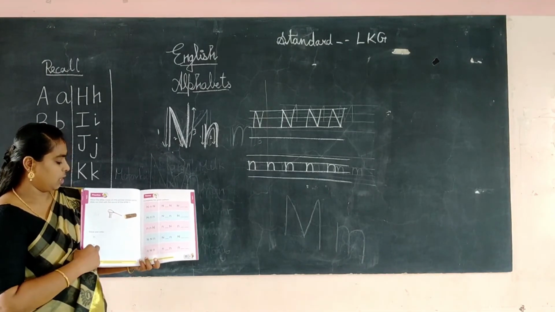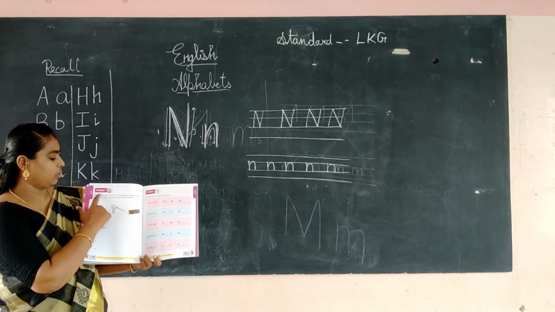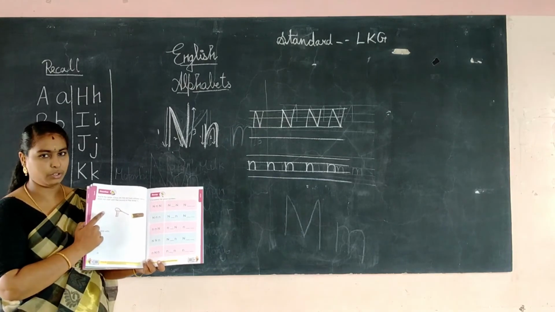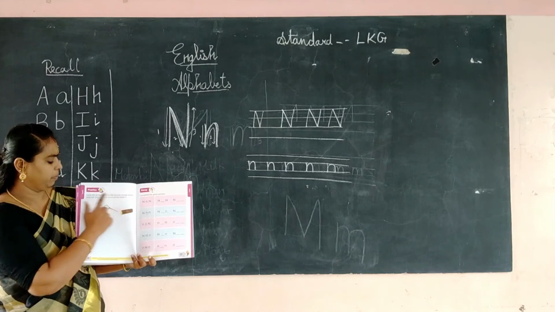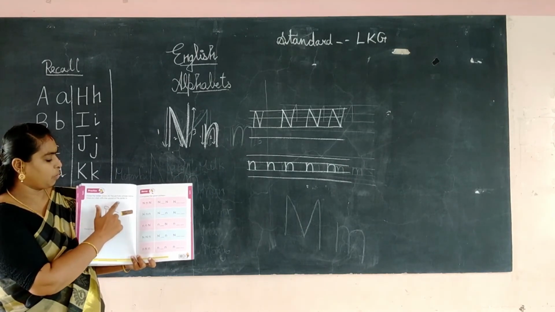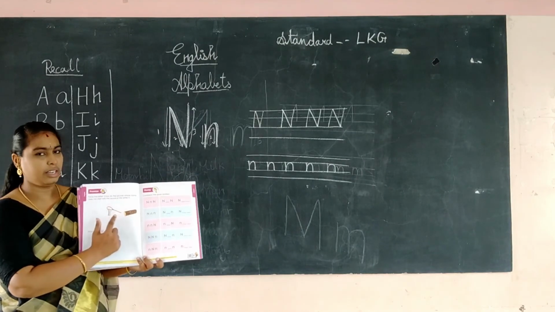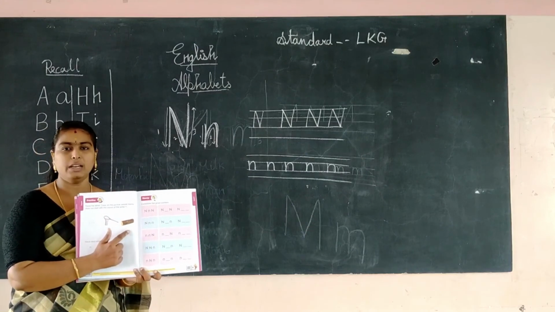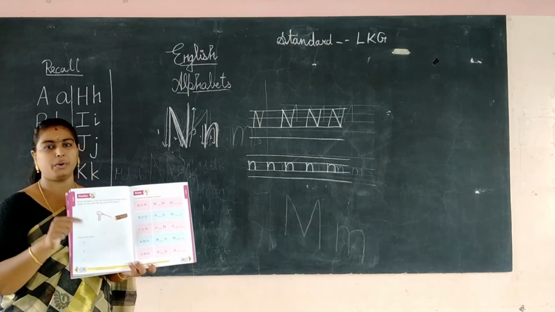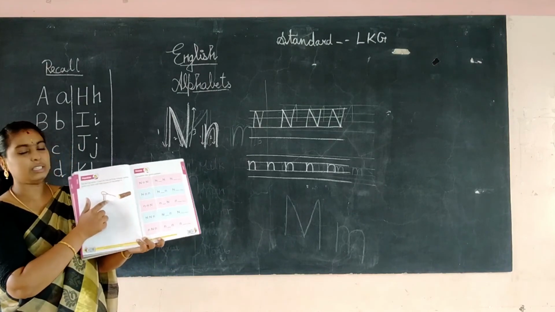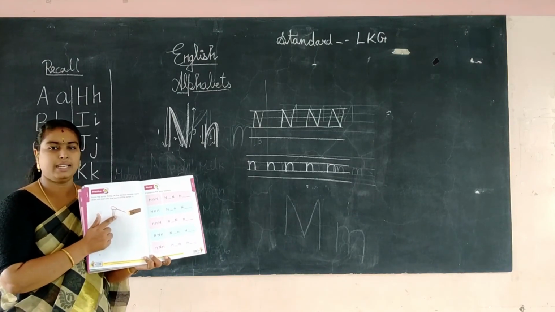The next one is small n. Trace the letter. First you want to trace it. Cross the picture whose name does not start with the sound of the letter N. இந்த ரெண்டு பிக்சரில் எந்த பிக்சர் Nல இருந்து ஸ்டார்ட் ஆகாதோ அந்த பிக்சர் நம்ம என்ன செய்யணும், cross பண்ணணும், ஓகேவா? So what is this? This is net.